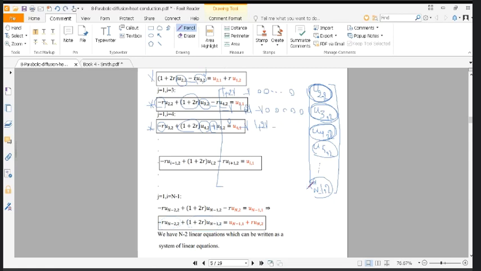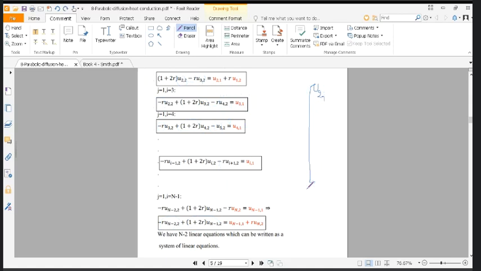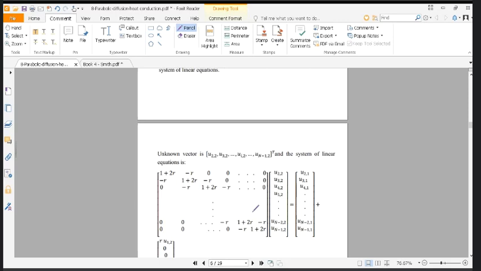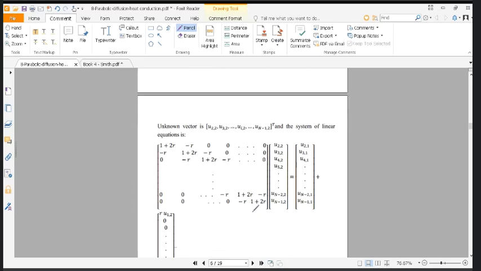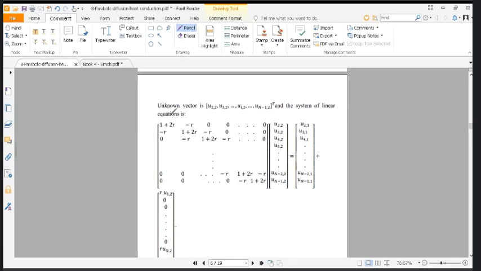And what about the known vector? The right-hand value of each equation makes up the known vector of the matrix representation. You can see all of them on this page. The unknown vector, as we said, is u2 and 2, u3 and 2, until u n minus 1 and 2.